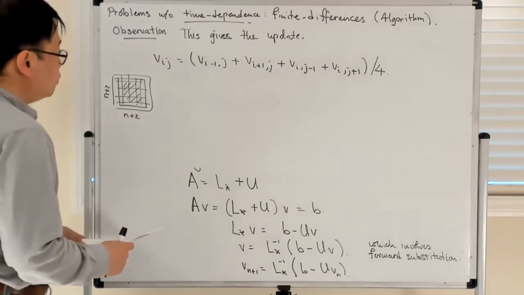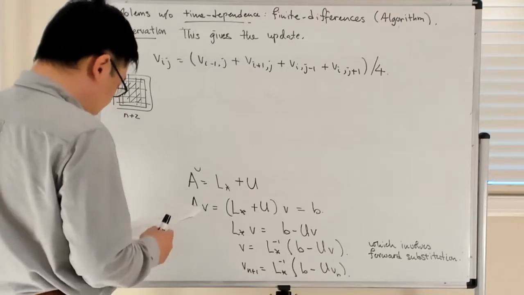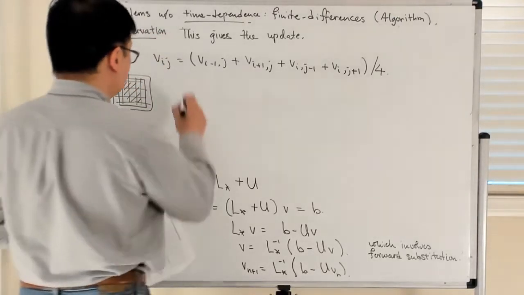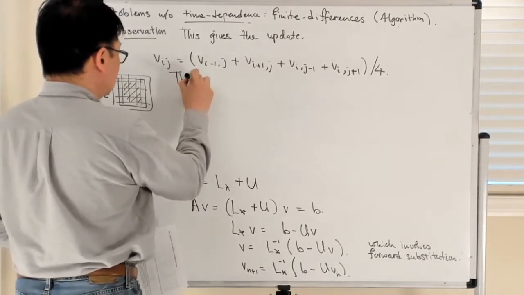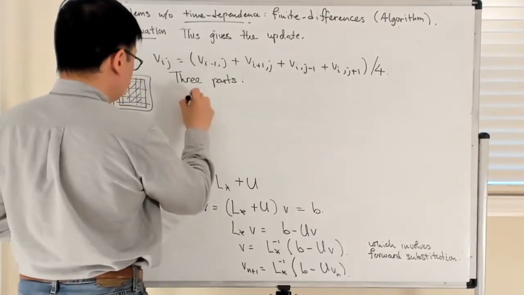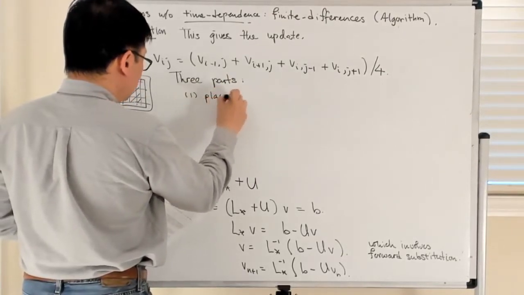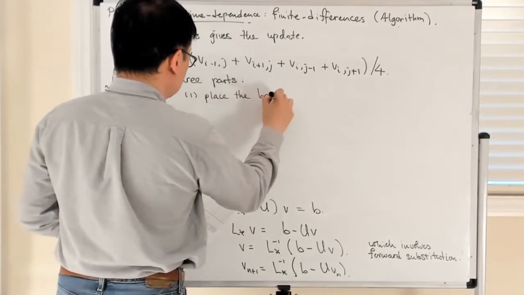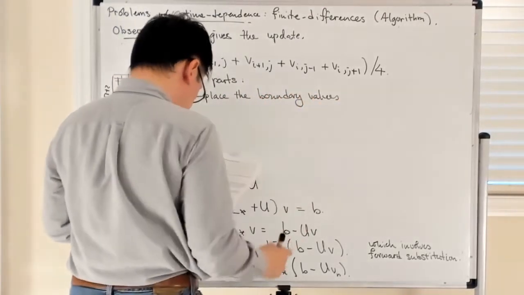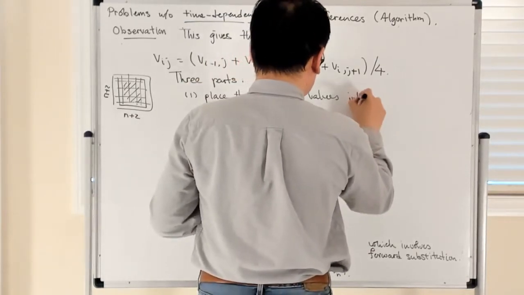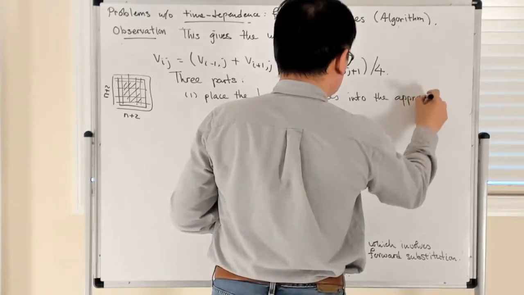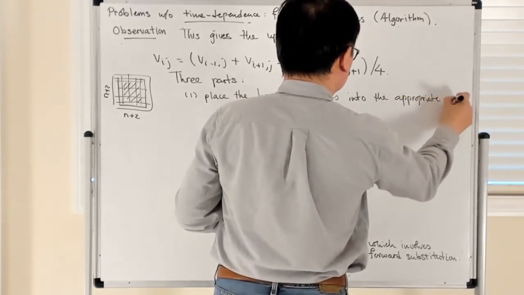All right, so with that in mind, you're going to break down the process into 3 parts. The first one is to place the boundary values into the appropriate Vij's.